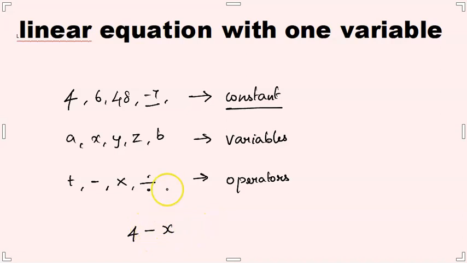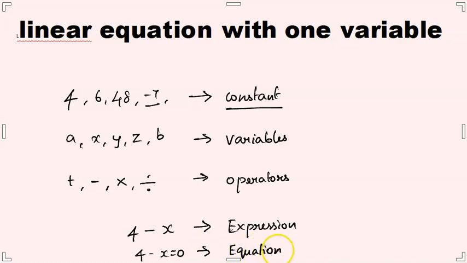So a combination of constant, variable, and operator is named as expression. And when you equate the expression to 0, you get an equation. So this is how the equation is formed.